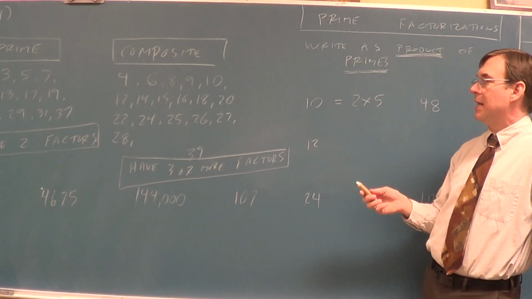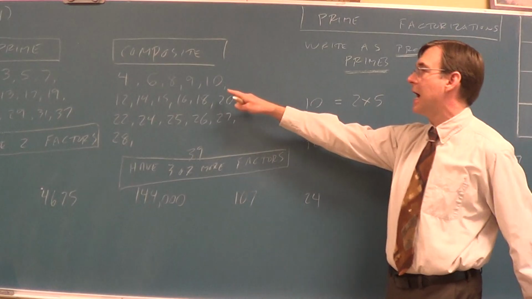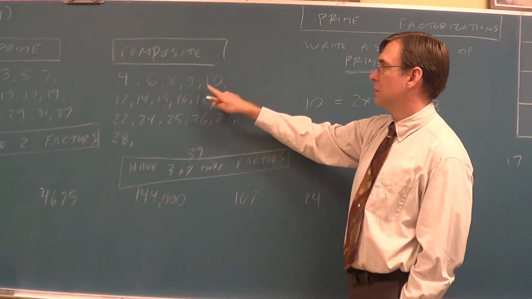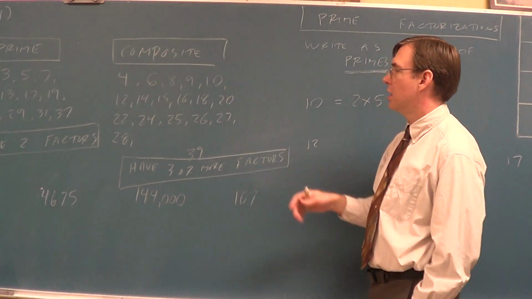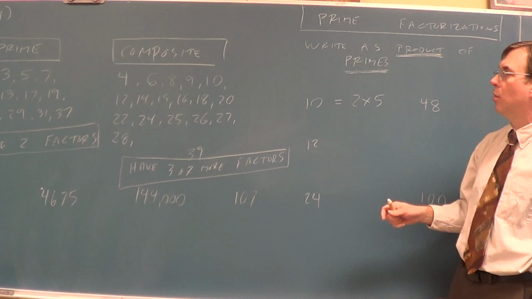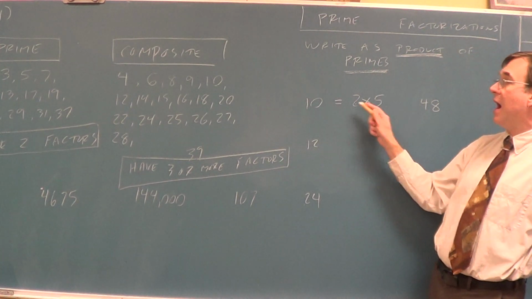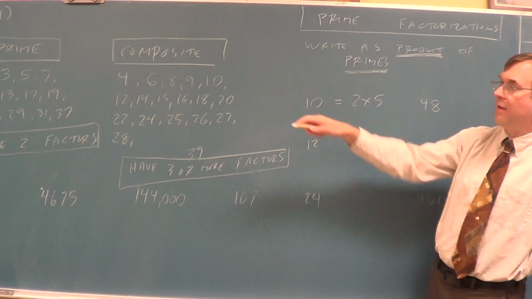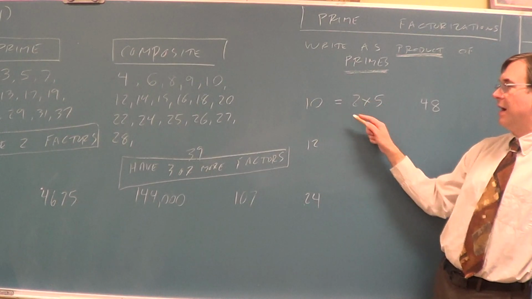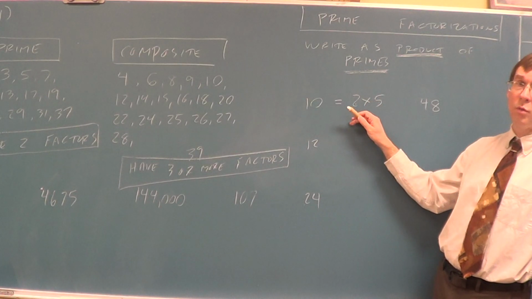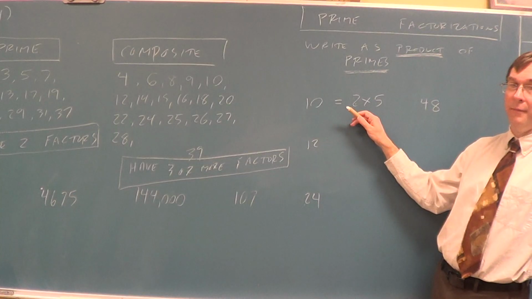You can't say 10 times 1 because we just decided that 10 was composite. But 2 times 5. 2 is in our prime list, 5 is in our prime list, 2 times 5 is 10. Question about that, like baby one.